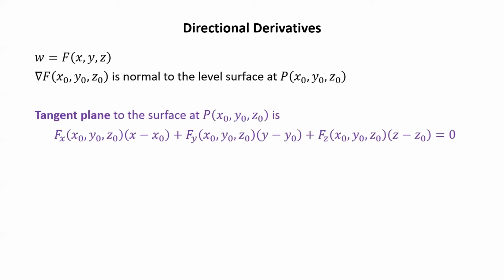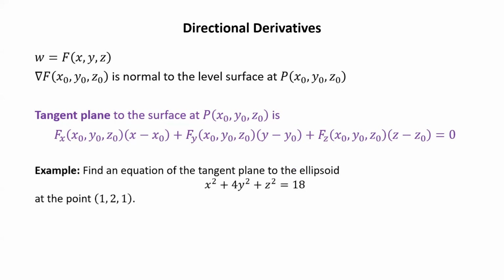Therefore, we can write an equation of the tangent plane to the surface at the point P with coordinates (x0, y0, z0) as the partial of capital F with respect to x at (x0, y0, z0), times x minus x0, plus the partial of F with respect to y at (x0, y0, z0), times y minus y0, plus the partial of F with respect to z at (x0, y0, z0), times z minus z0 equals 0. Notice that this is just an equation of a plane passing through the point (x0, y0, z0) with a normal vector whose components consist of the 3 partial derivatives.